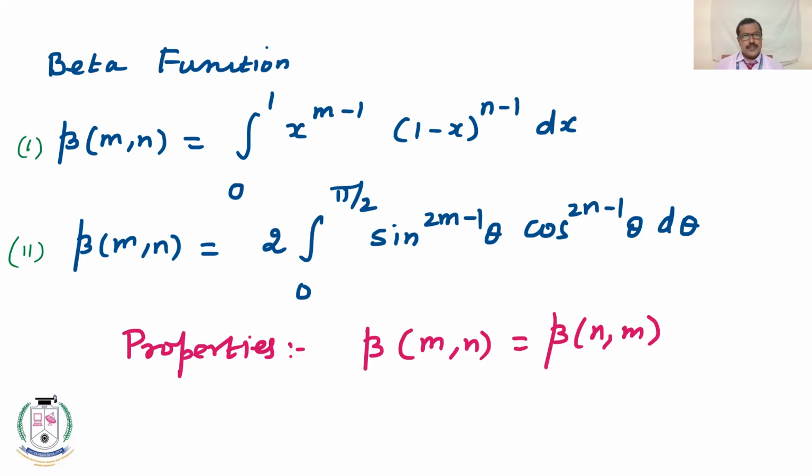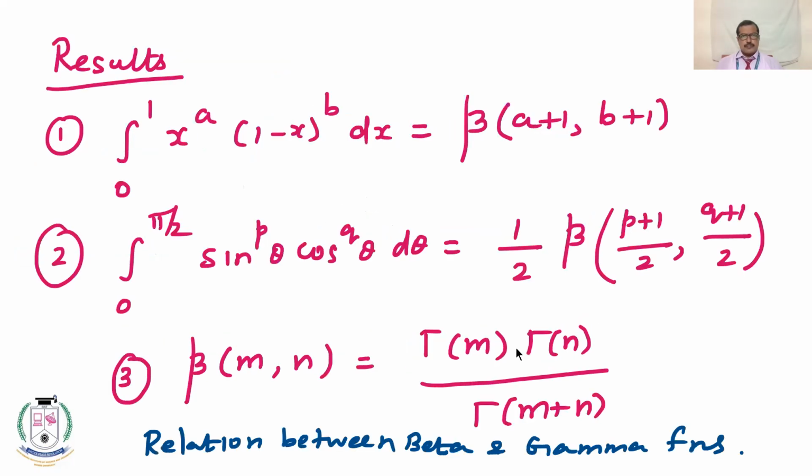Now let us see some of the results that will be useful for solving problems in beta function. First one being integral 0 to 1 x power a (1 minus x) whole power b dx is equal to beta of a plus 1 comma b plus 1, which means you are just adding 1 to the powers.